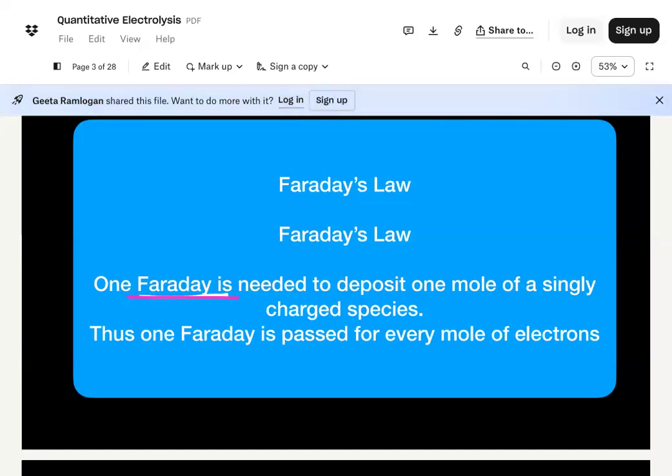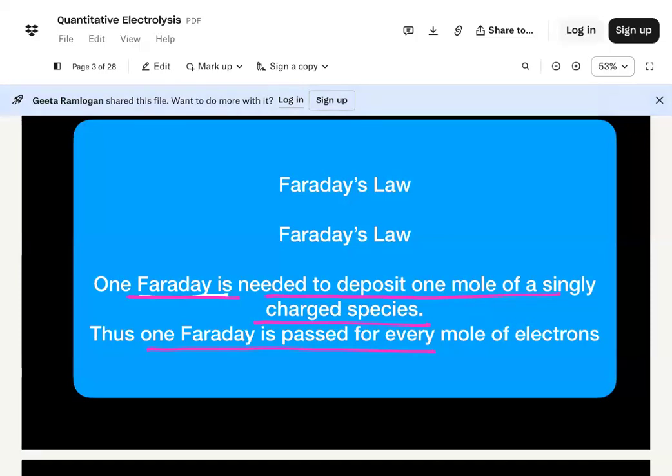1 Faraday is needed to deposit 1 mole of a singly charged species. So Faraday is a quantity of electricity. Well, a certain quantity that is for 1 mole of a singly charged species, right? Don't worry, you'll get it soon enough. Tell me when you have it.